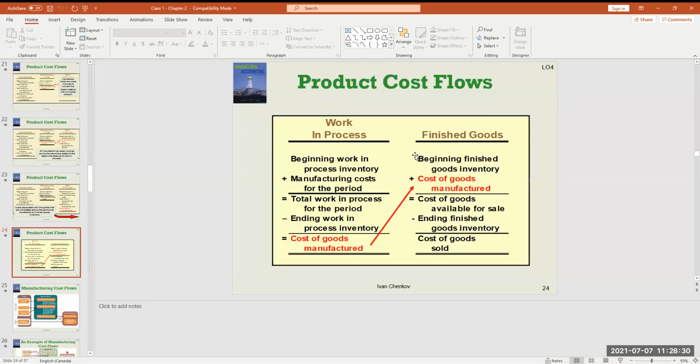If we want to continue to the cost of goods sold, we have to add the beginning balance of the finished goods account to get cost of goods available for sale, deduct the ending balance of the finished goods, and we're going to get cost of goods sold.